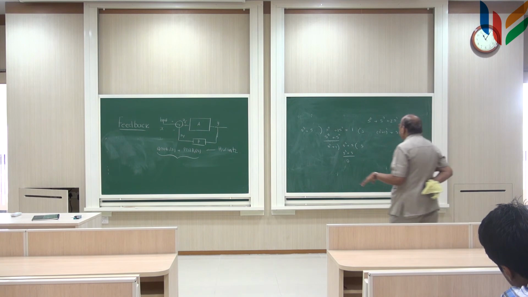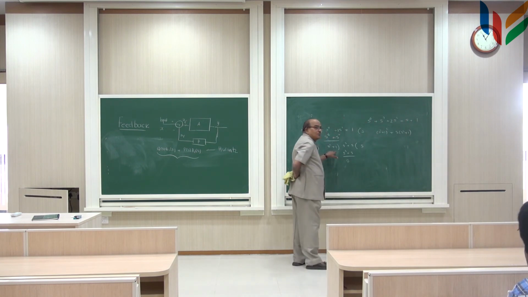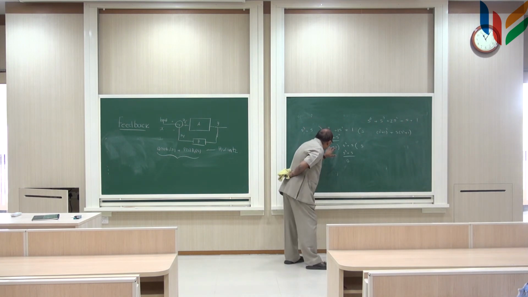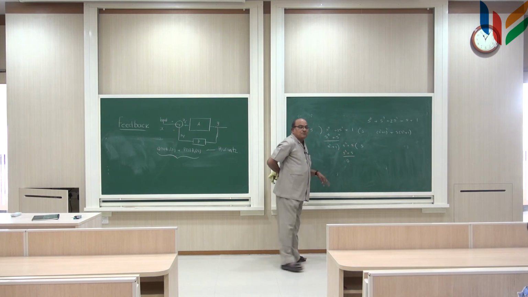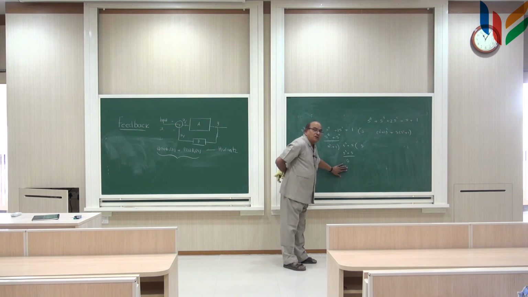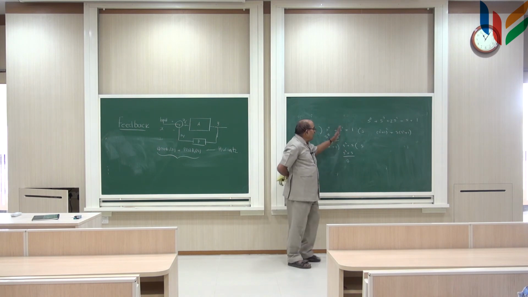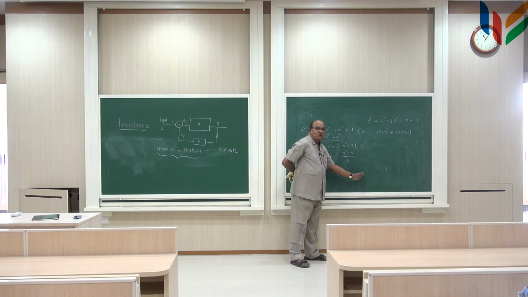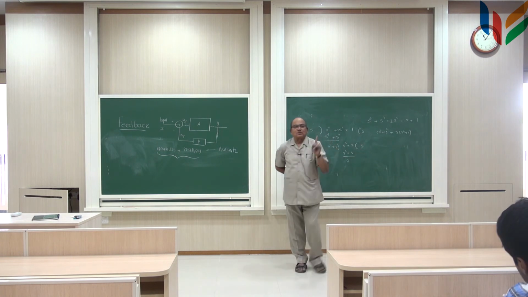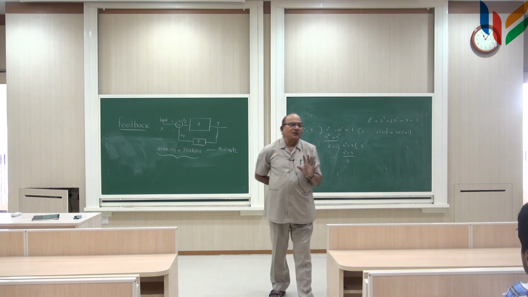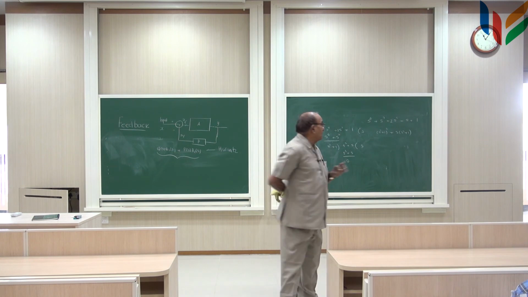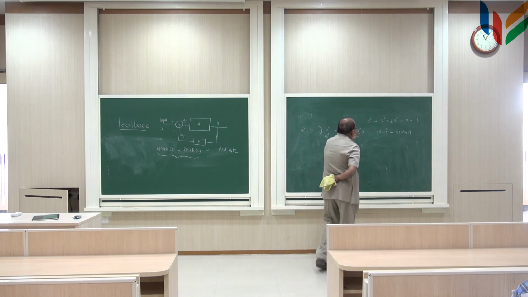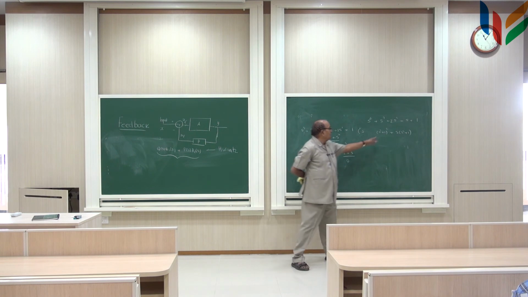What does continued division mean? Take s here, whatever the remainder, now take this and divide this by the remainder and go on doing this. It should not terminate prematurely, and it should go through all possible steps, and the coefficients of this s must all be positive. If this happens, then this polynomial is a Hurwitz polynomial. Here it is 1, 1, 1, so up to this it is perfectly all right, except you have a common factor.